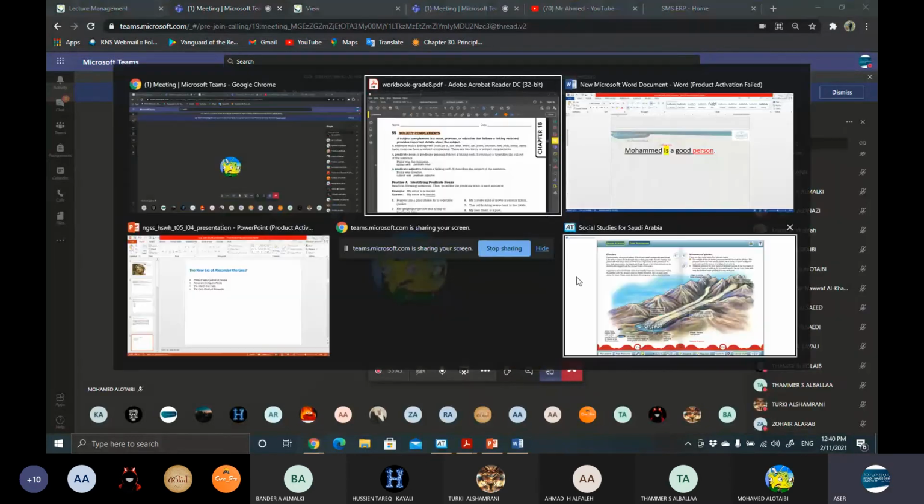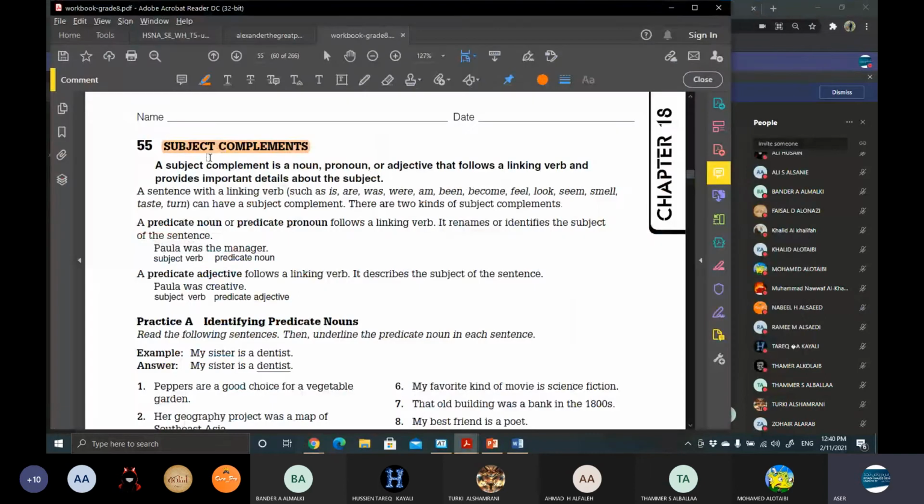Okay, so once again, to speak about the subject complement, we must first have a linking verb. A linking verb such as what? Such as verb to be: is, are, was, were, been, become, feeling.